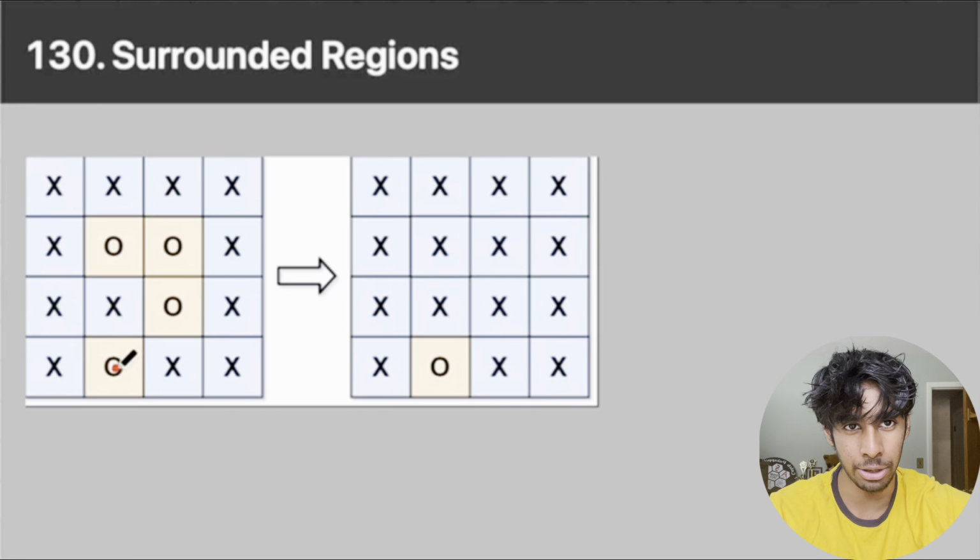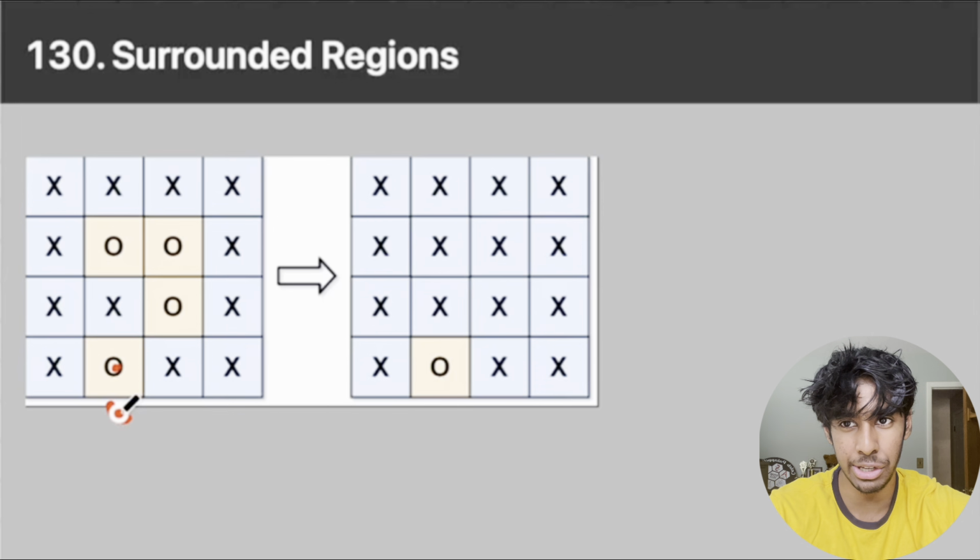Well, obviously that region can't be surrounded because whichever square is on the border can at most be bordered by three X's. The fourth side of it has to be empty because it's on the border of the square. For instance, if we take a look at this O right here, it's on the bottom edge of the square. So that means below it is empty space. There can't be an X below it because it's already on the bottom row.